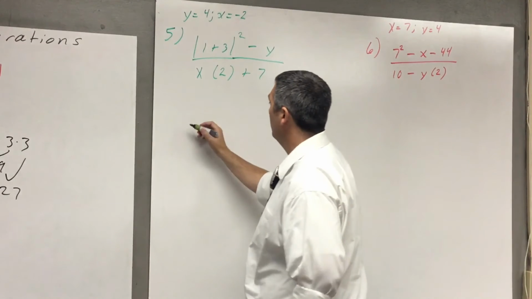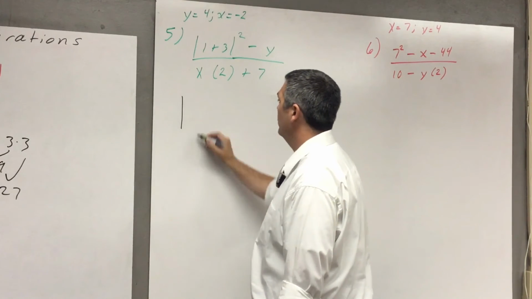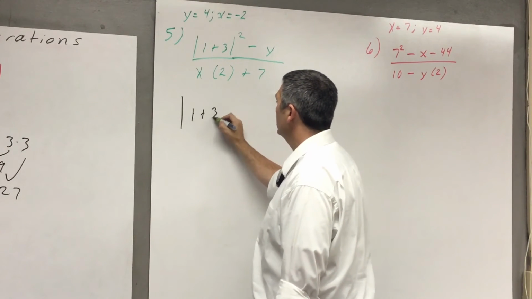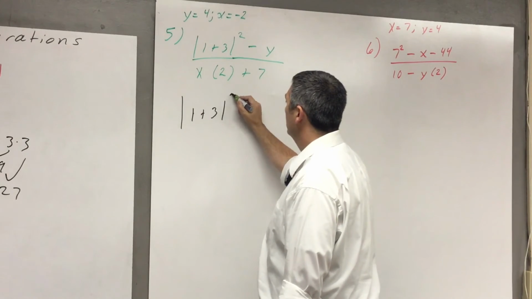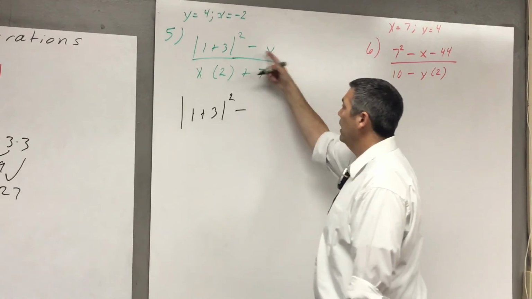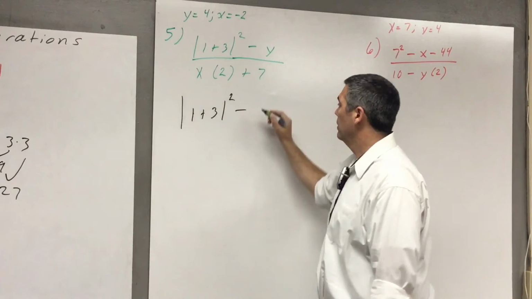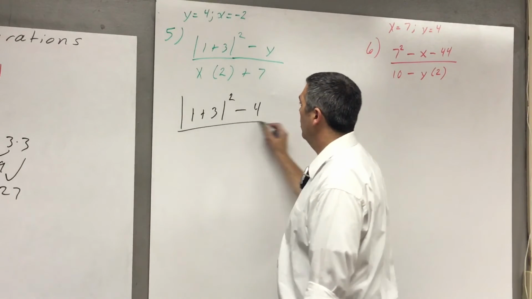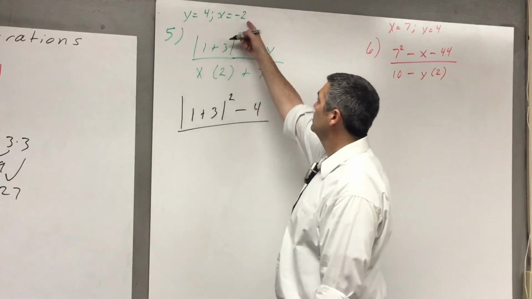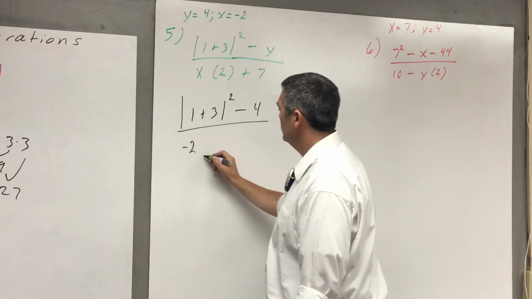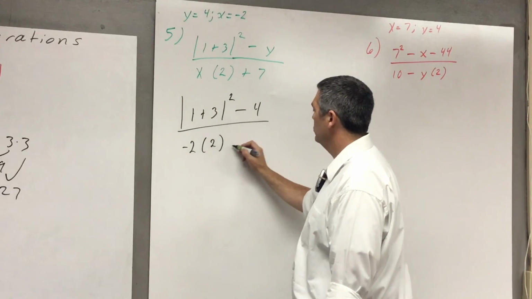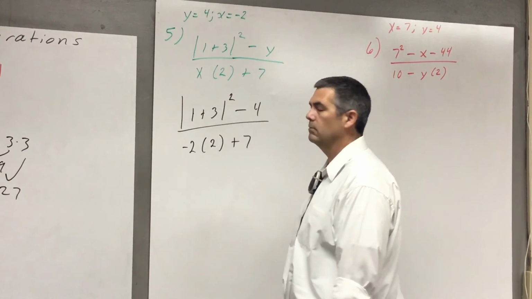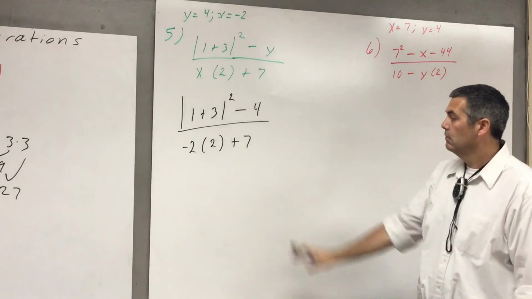Okay, so I'm going to rewrite my problem. Absolute value of 1 plus 3, absolute value 2 minus y, which is 4, minus 4 over, what is x? Negative 2. Negative 2 times 2 plus 7. Okay, there we go.